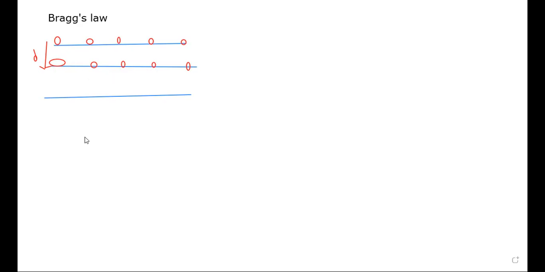A grating is an opaque substance on which sharp lines, sharp slits are made. The slits are transparent and the distance between the two slits is opaque, and when light passes through the grating slits, diffraction takes place and we can see the diffraction phenomenon.